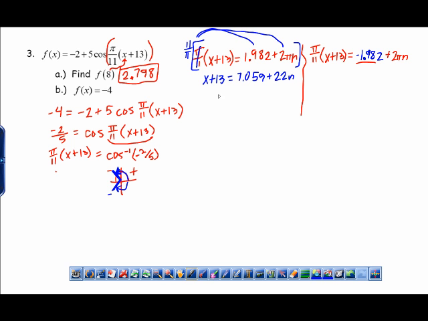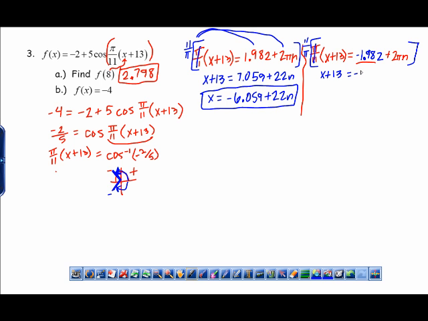Last step is to subtract 13, so my general solution is negative 6.059. Let me make that a little clearer. 9 plus 22n, and 22 is the period. Okay, over here when I multiply by 11 over pi, I end up again with x plus 13.